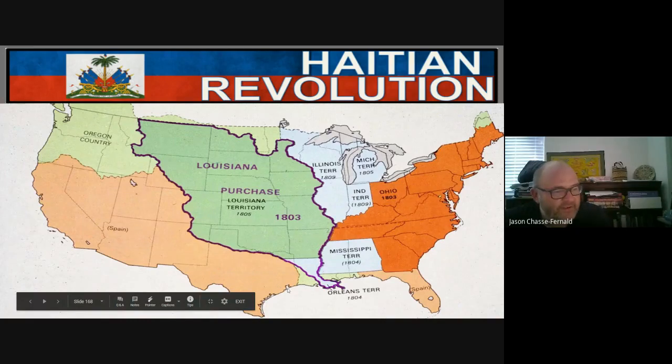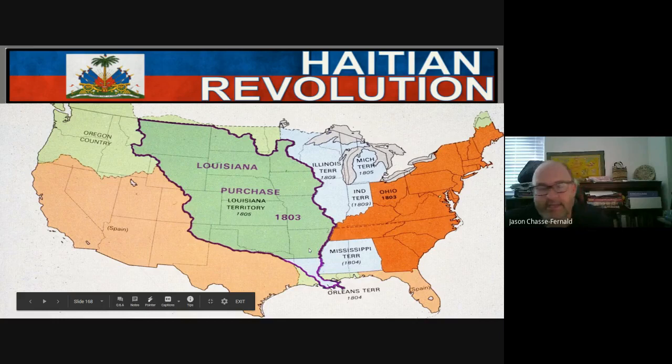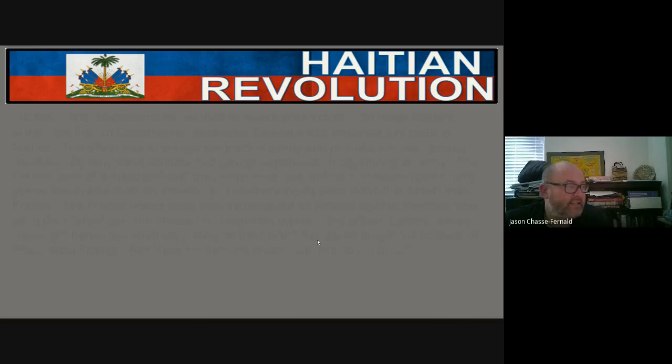As a result of yellow fever, Napoleon is unable to secure Saint Domingue for slavery again, and is completely ill-equipped to establish a military foothold in North America, possibly causing a confrontation with the United States, and to deal with what's going on in Europe. So as a result, he abandons this plan and eventually sells this to Jefferson, to the United States.